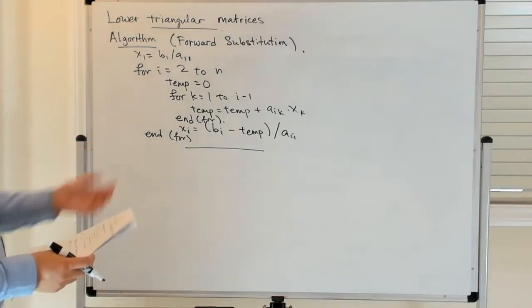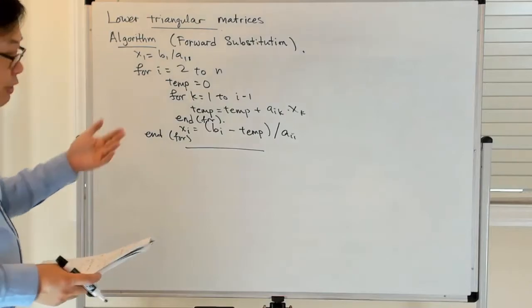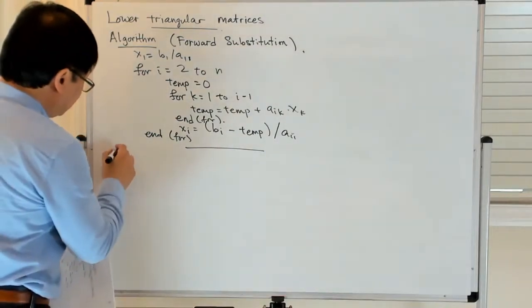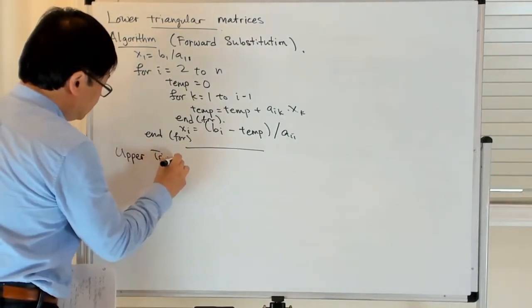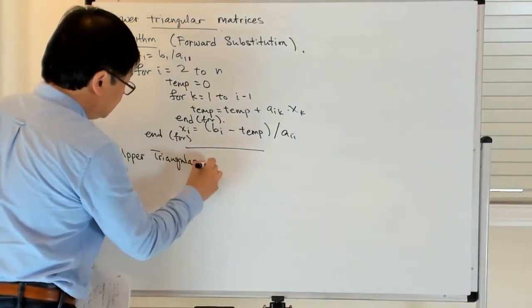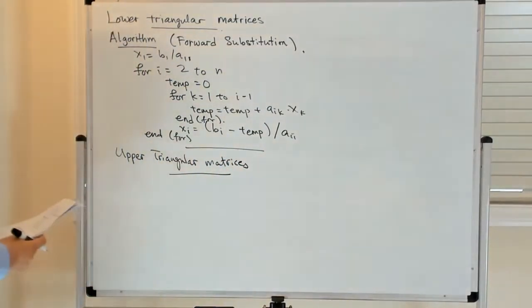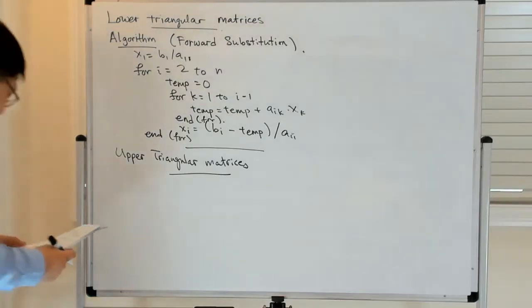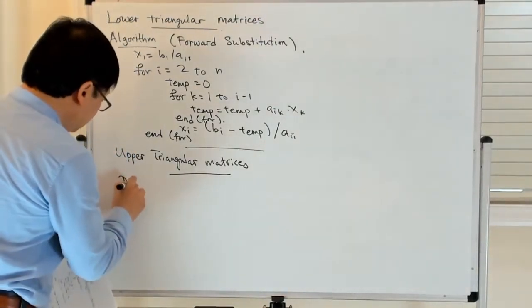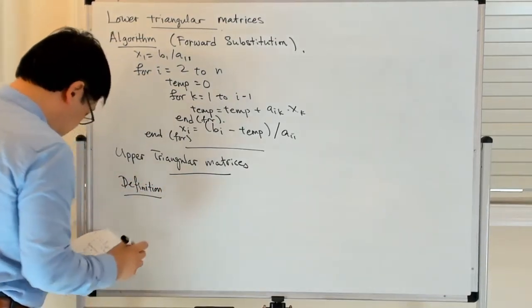The other case, which is very closely related, is that of upper triangular matrices. Okay, so let's look at upper triangular matrices. As the name implies, now all the entries below the diagonal vanish, right?